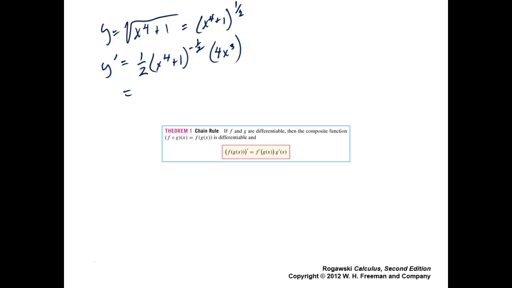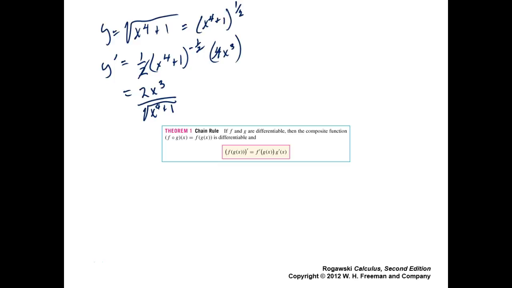Again, I like to get the coefficients up front. The 2 will go into the 4 twice, so that's going to be a 2x cubed in the numerator, and in the denominator a square root of x to the fourth plus 1. Okay? Now, some people might not like writing it like that. You can leave it in exponential form if you don't want to go back to radicals.